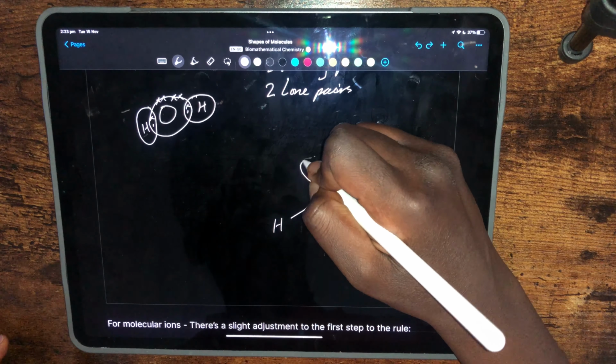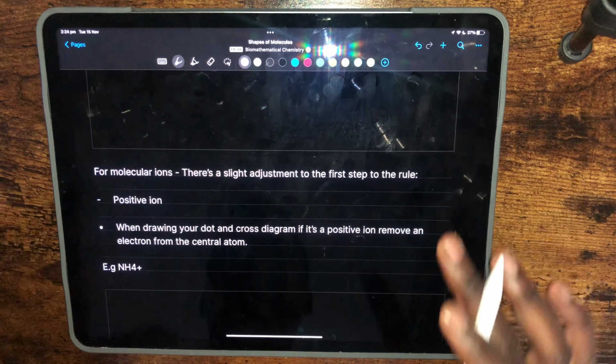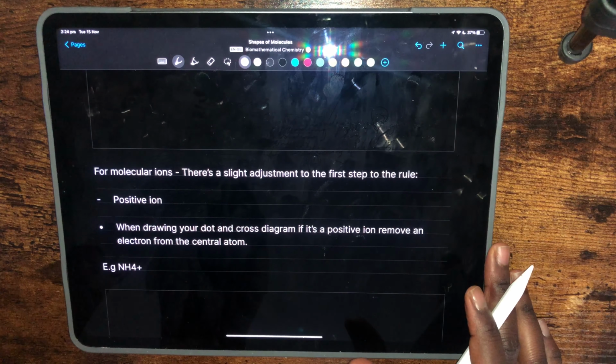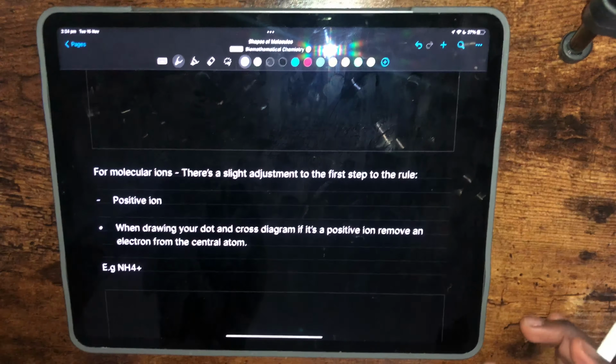But for molecular ions, there is a slight adjustment to the first step in the rule. Remember when I said, let's go all the way back up to here, that the slight thing when you're talking about molecular ions is something you need to adjust for. When you're doing a dot and cross diagram for positive or negative ions, you have to take away or add certain electrons in order for it to make sense.